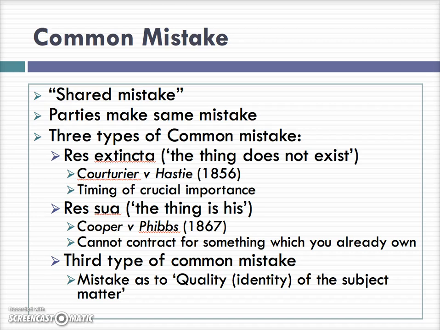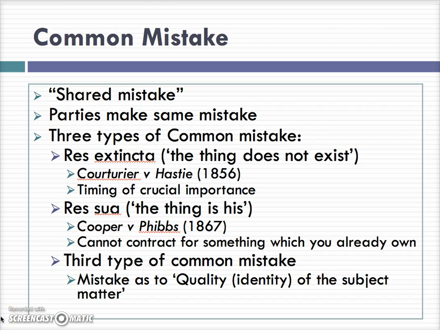A good case to demonstrate this is Couturier and Hastie. This was a case about buying corn which was being shipped from Greece to England, and the transaction took place while the shipment was in transit. What was not known to both the buyer and the seller was that the corn had gone off. It was no longer in existence.